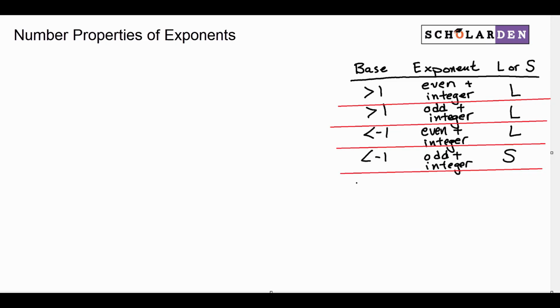Now let's talk about some fractions. What if we had a positive proper fraction? Proper fraction means the top is smaller than the bottom, like 2/3. And what if we raise that to a positive even integer?